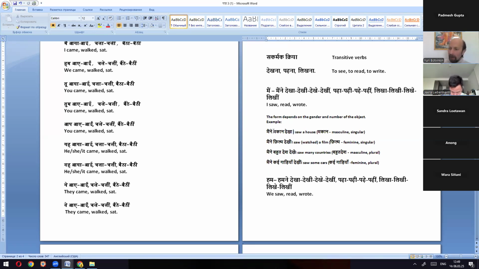Now, why are we saying dekha in masculine gender? It has nothing to do with my gender, with the gender of who is speaking. Because in this case, the gender depends on the object. Makan is masculine, so मैंने मकान देखा.